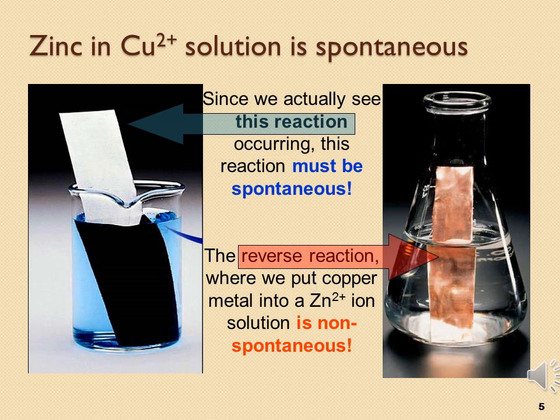This reaction must be spontaneous, where the zinc dissolves into the solution, and therefore the blue color turns to colorless due to the zinc moving into zinc ions, and copper gains the electrons to form the copper solid. The reverse reaction, where we put copper metal in a zinc ion solution, is non-spontaneous.